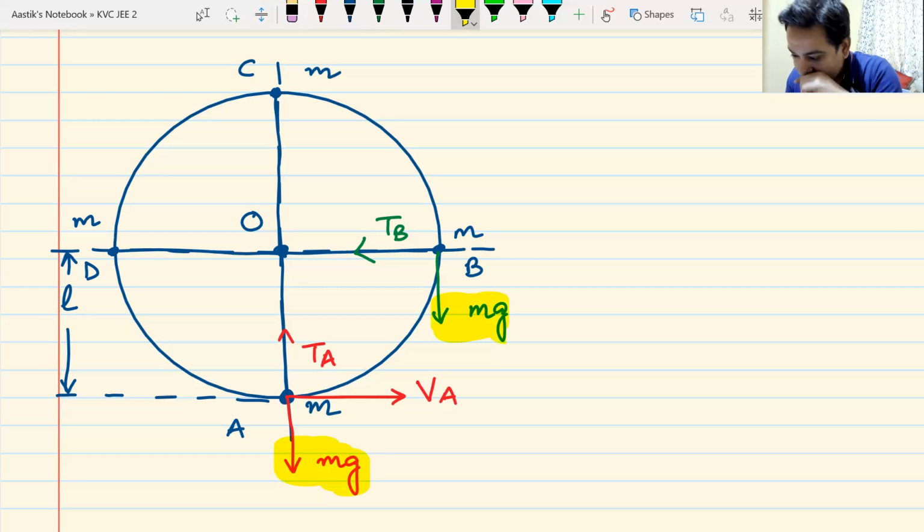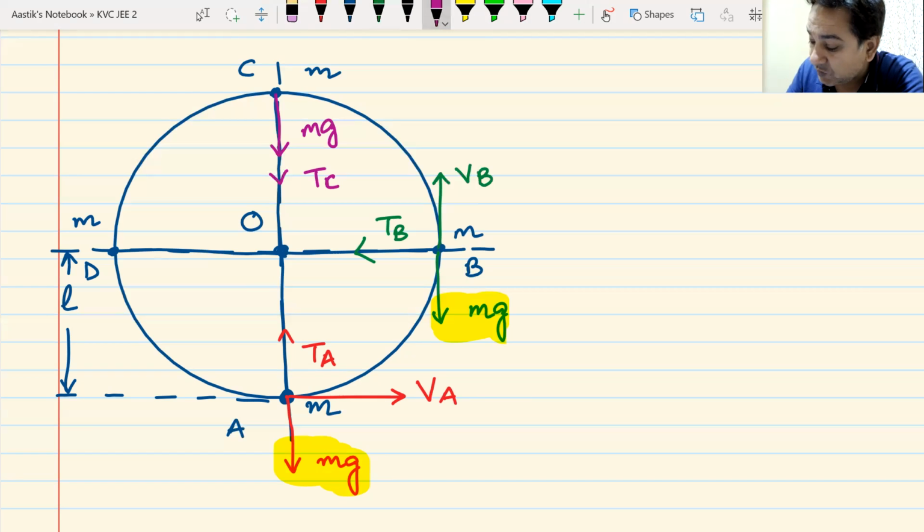with the same magnitude. If I draw the same diagram at the topmost point, you will see that the weight mg is going down. At the same time, tension at point C is also going down. I did not draw the velocity at point B. Velocity at point B will be like this.